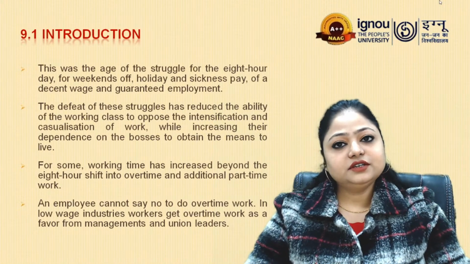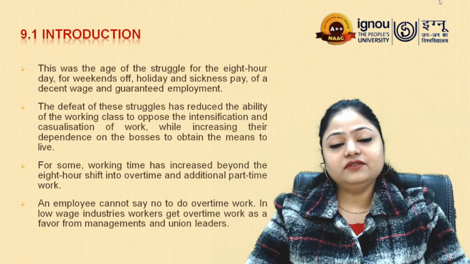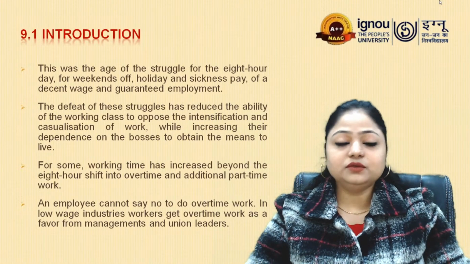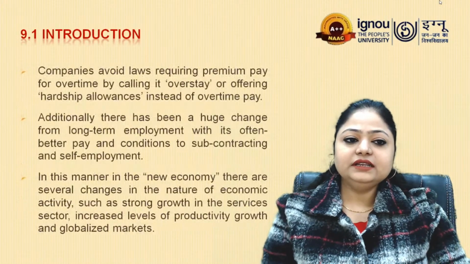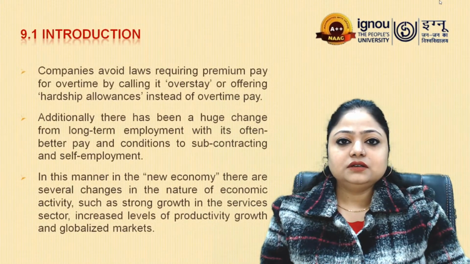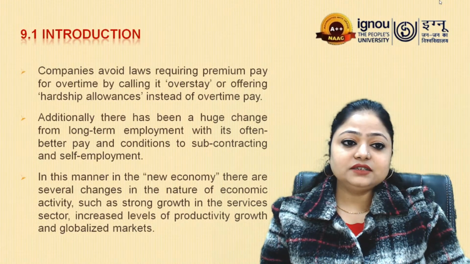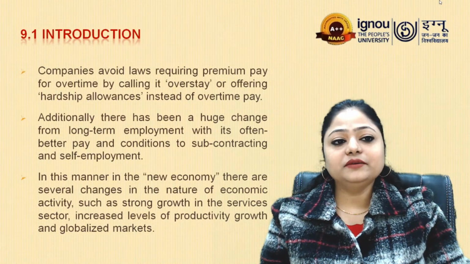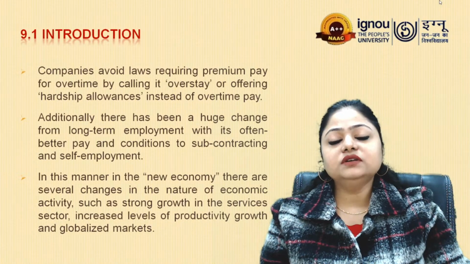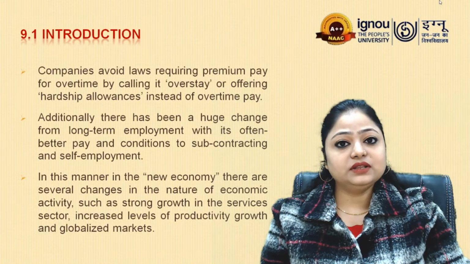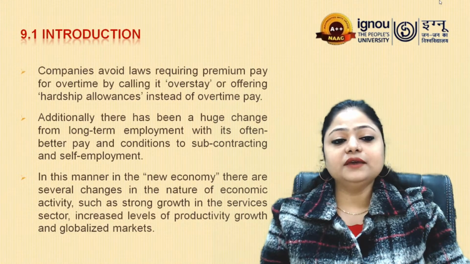In low wage industries, workers got overtime work as a favor from the management and their labor union leaders. It was also observed that companies avoided laws requiring premium pay for overtime by calling it overstay and offering hardship allowances instead of overtime pay.